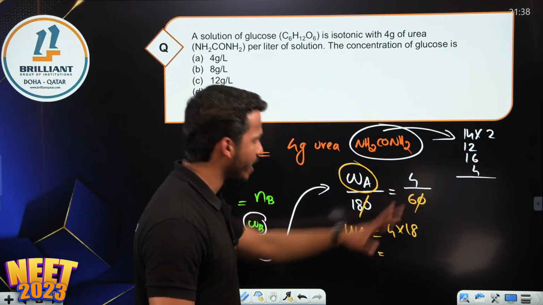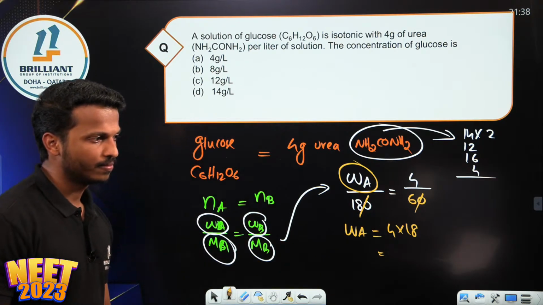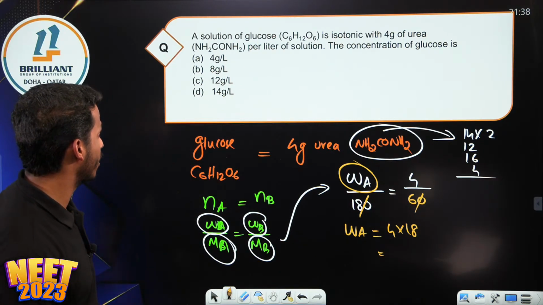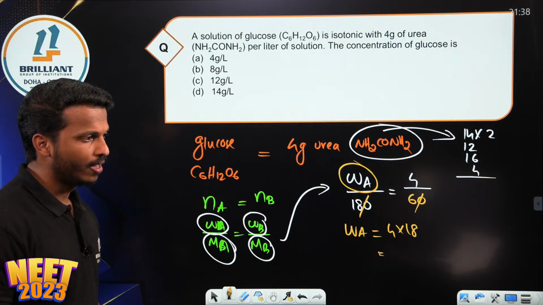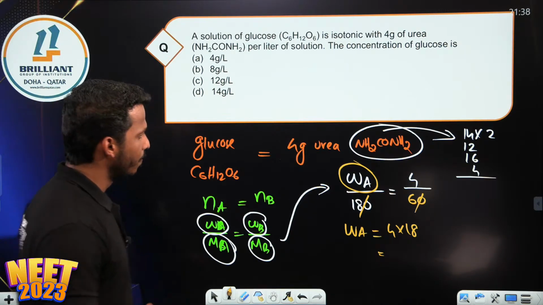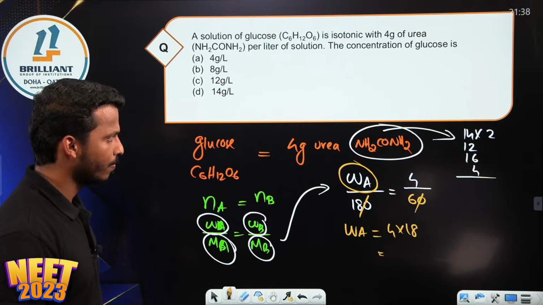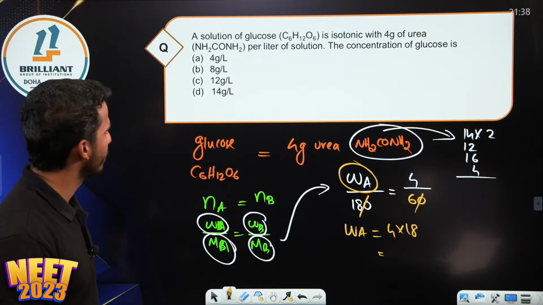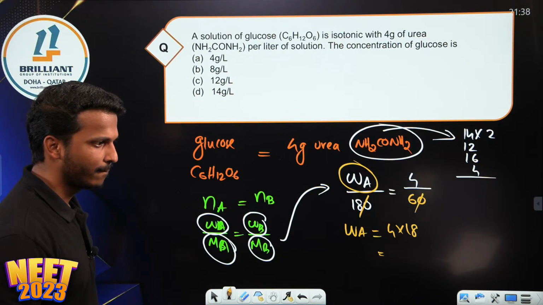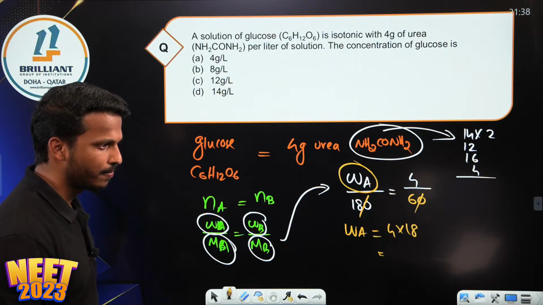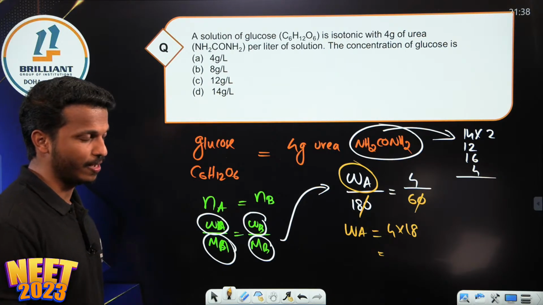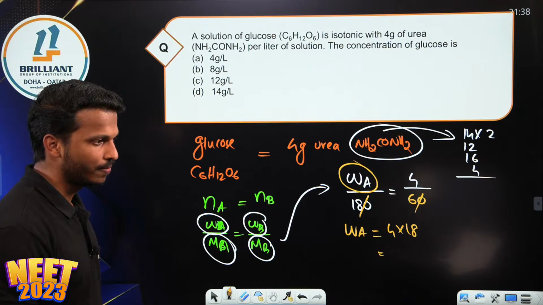So 4 into 18. What is the correct answer we are expecting as the direct answer?